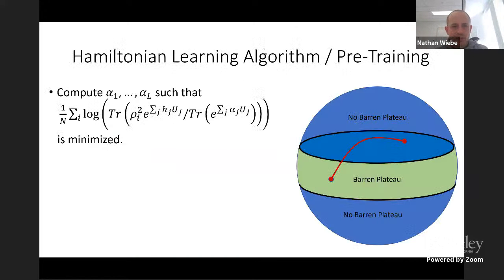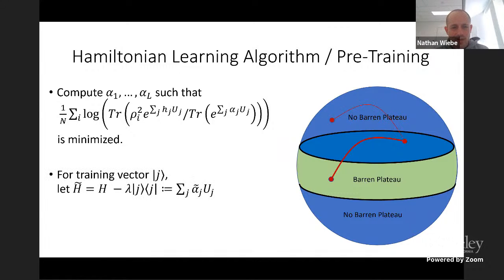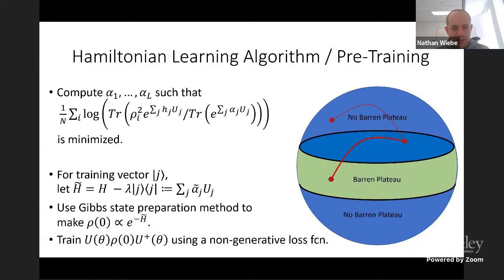And so once we've done that, we've got a Hamiltonian. Let's then add a penalty term to our Hamiltonian. And that will make our thermal state concentrated on the particular state that you would like to classify. So we put in a penalty in order to make that state much more likely in the distribution that comes out.